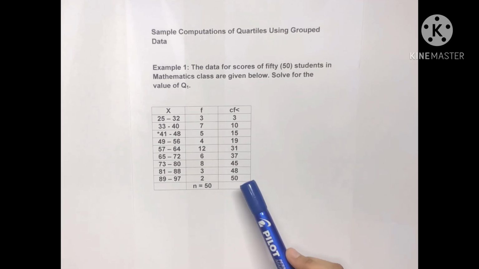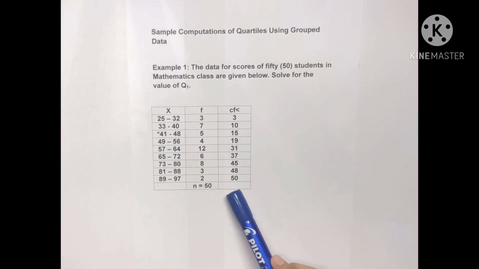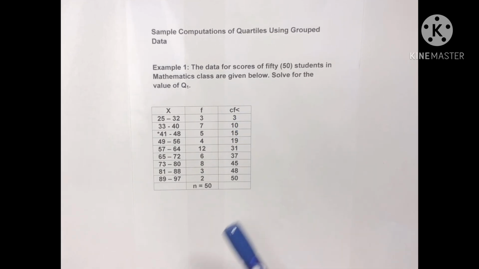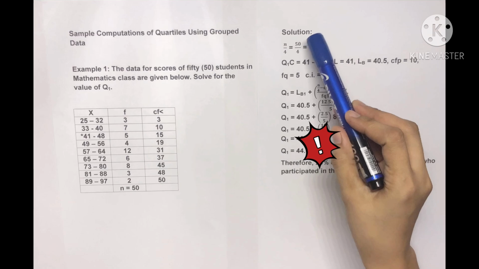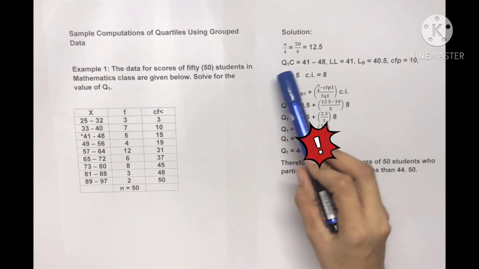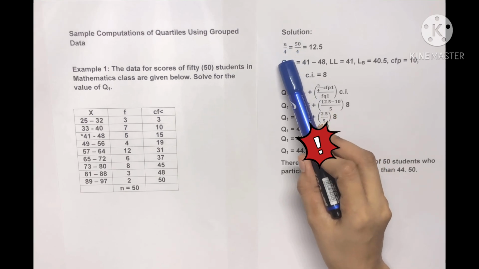You are sure that your answer is correct if your last number here is your n. In this case, we have 50. So, this is your CF less than. For the solution, since we are finding Q sub 1, we will solve first for n over 4.